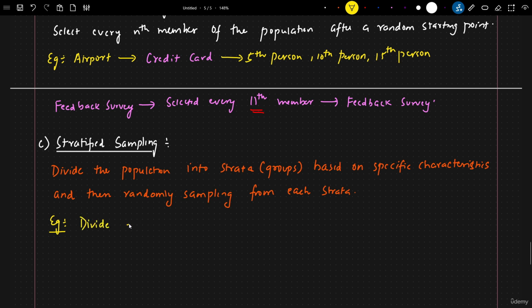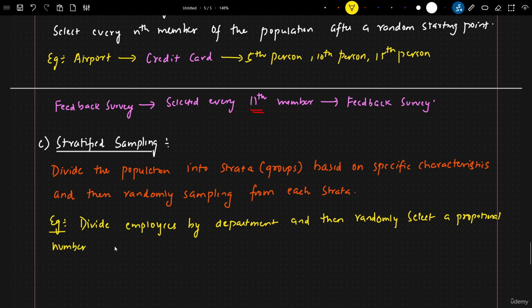We will divide the employees in a company by department, and then randomly select a proportional number from each department to form a survey sample.